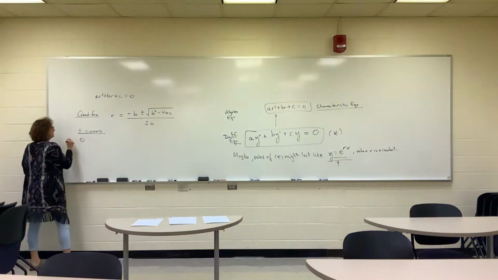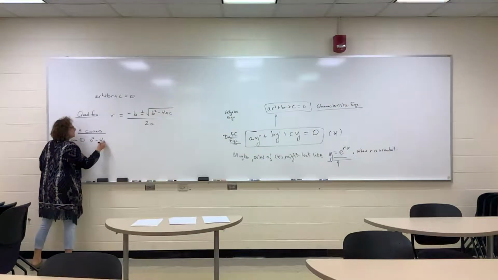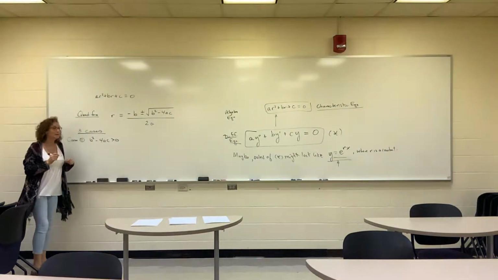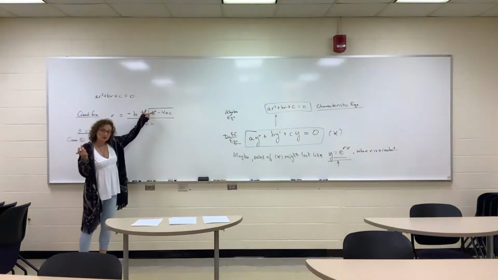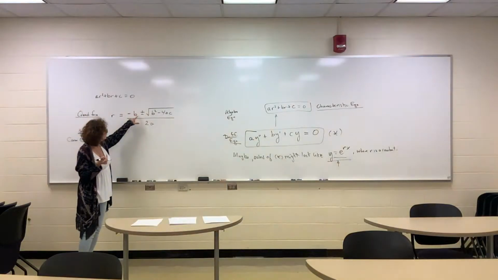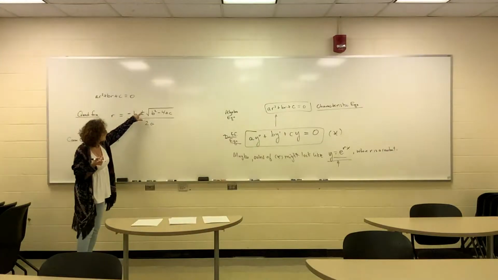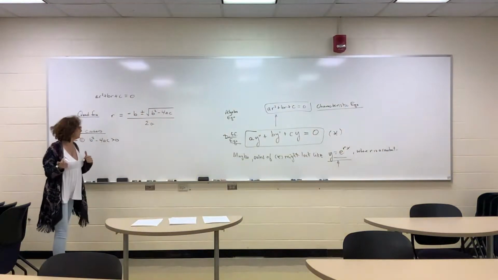So case 1 is when B squared minus 4AC is positive. If this is positive, the square root exists, and we get two different answers, because it's just some real number, plus or minus that. You're going to end up with two real roots.